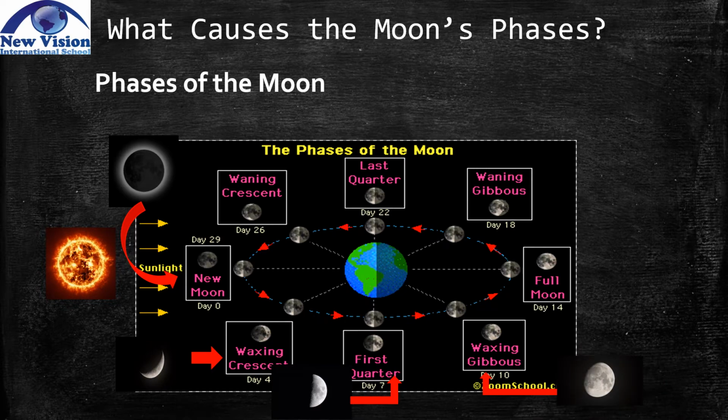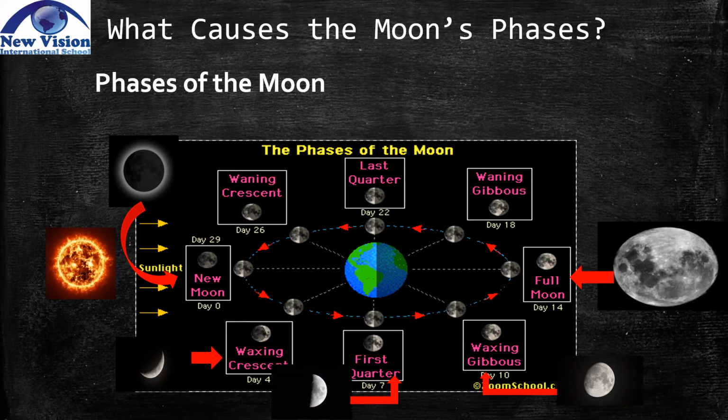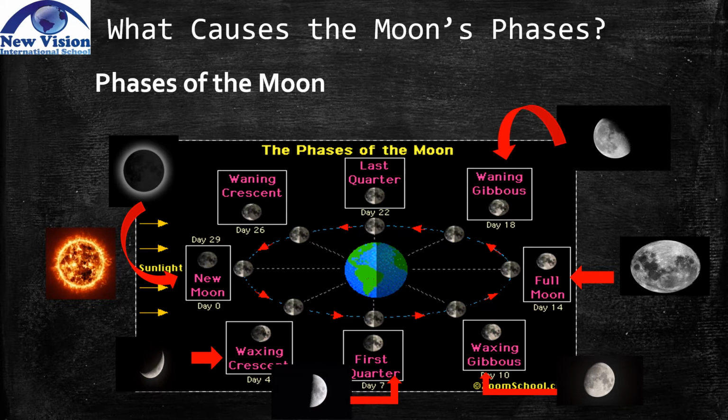When the Earth is in between the moon and the sun, we see the whole part of the moon which is lit up by the sun. This is called a full moon. Just after full moon, when the face of the moon is 100% illuminated, the intermediate phase called waning gibbous moon starts.